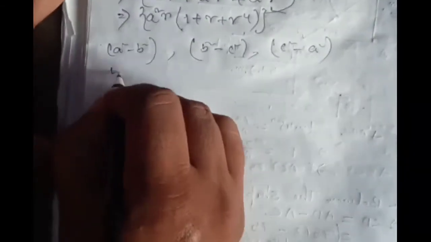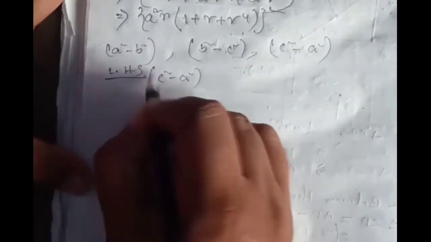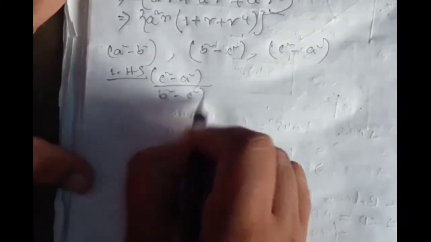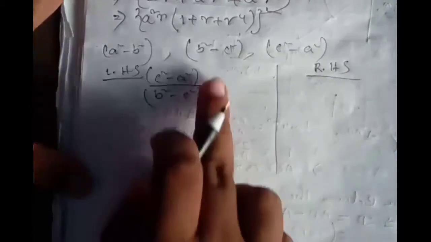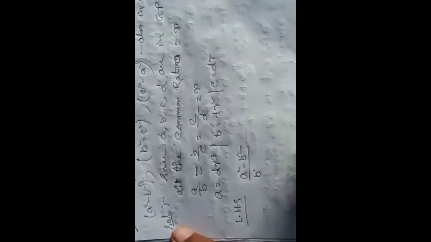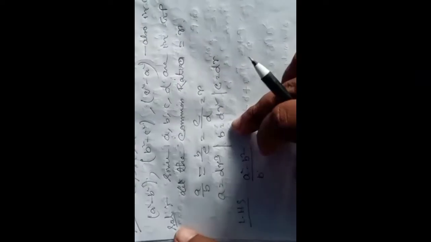Now we have to show that A square minus B square, B square minus C square and C square minus D square are in geometric progression. So that means my LHS should be C square minus D square by B square minus C square, and RHS should be B square minus C square by A square minus B square.